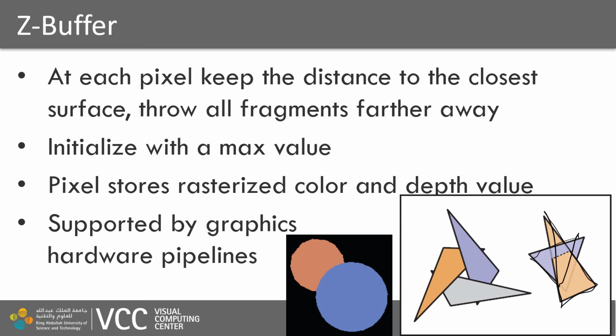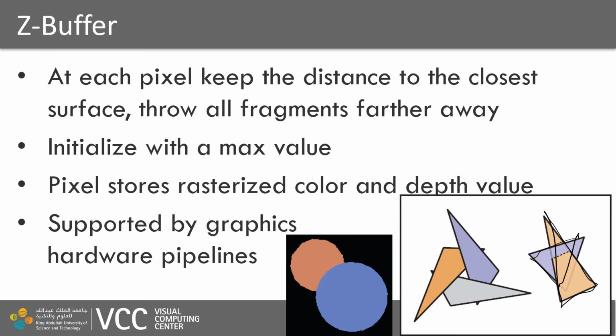Even if we have non-intersecting triangles, but they are overlapping each other mutually, we might end up in a situation where it is difficult to decide, or there is no way to correctly decide which triangle is in front of which one, because each is partially occluding another one.